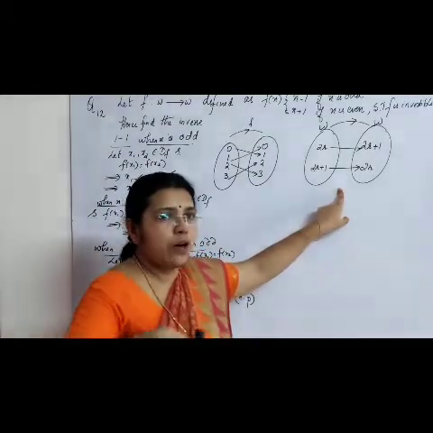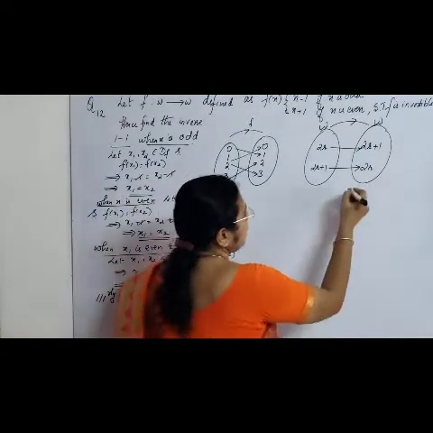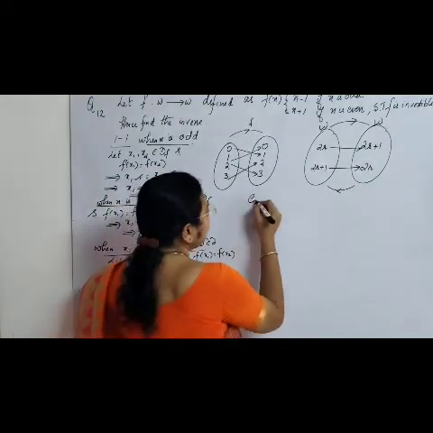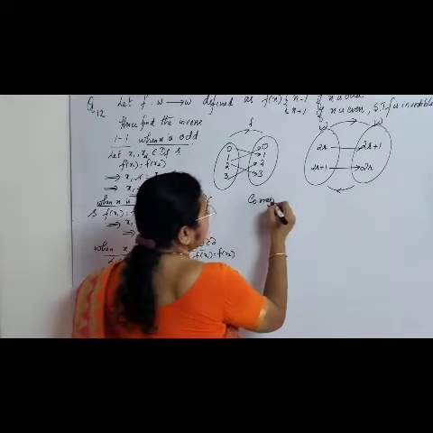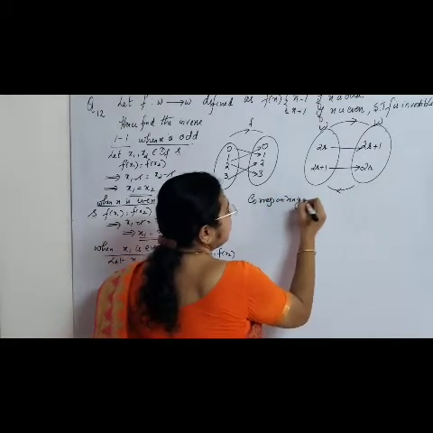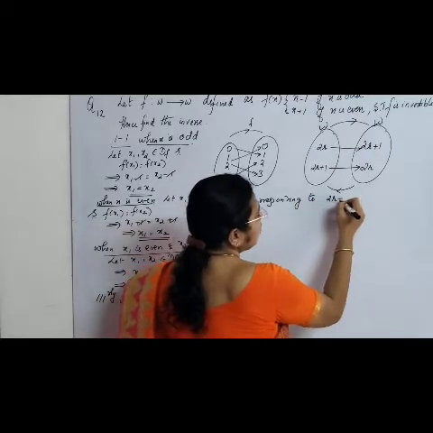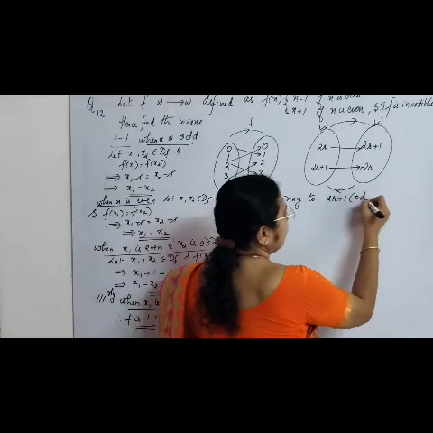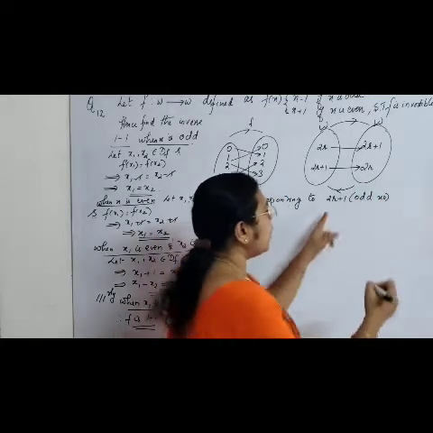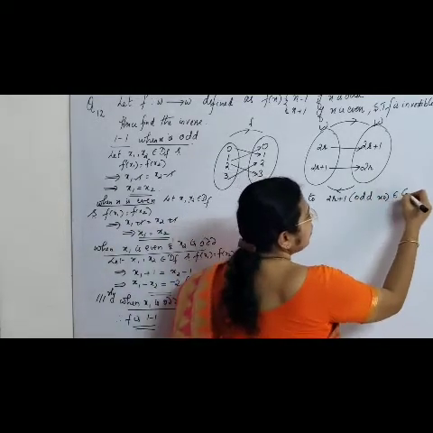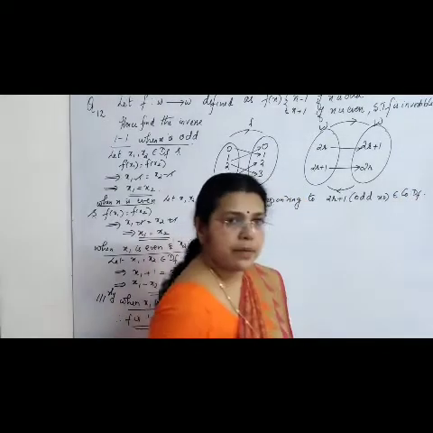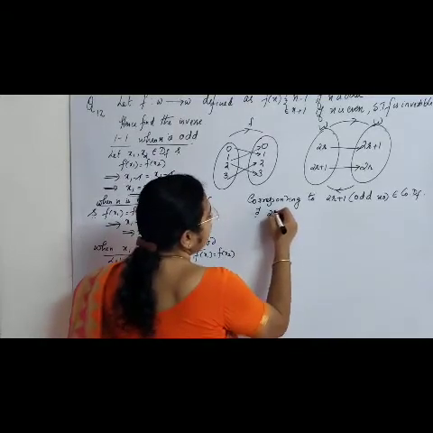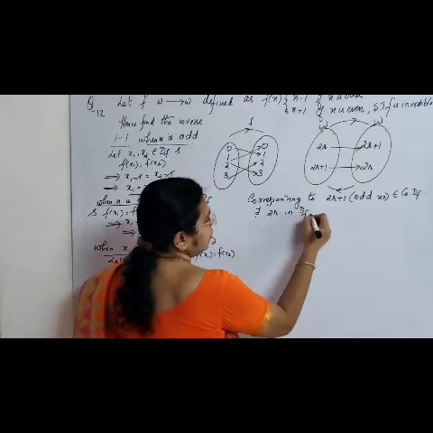Now coming to checking for ontoness. Corresponding to 2r plus 1, which is an odd number and belongs to the codomain of the function, there exists 2r in the domain of the function.